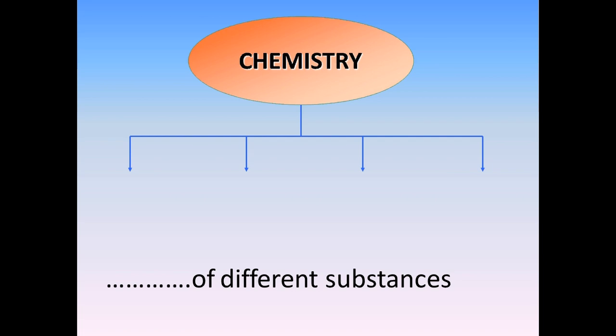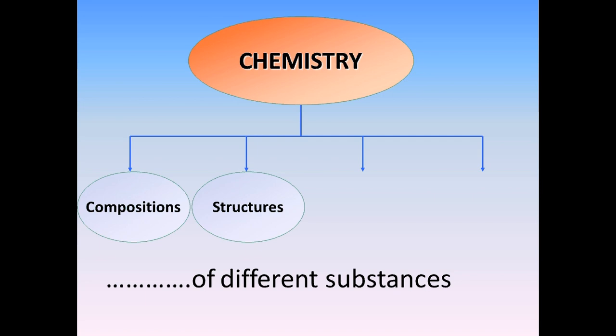So finally, what are we going to study in chemistry? We will study the compositions of substances. This means what they contain. For example, what does sugar contain? What does salt contain? These are the compositions. The structures: what is the structure of diamond, making it so hard?